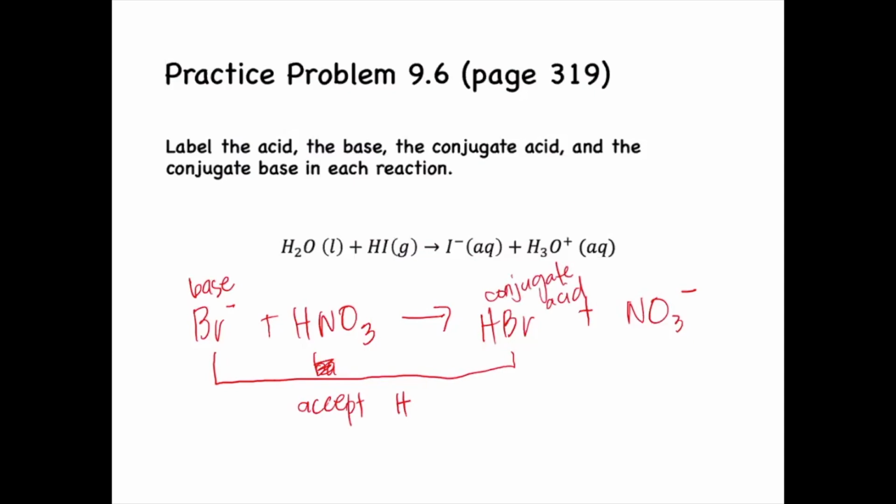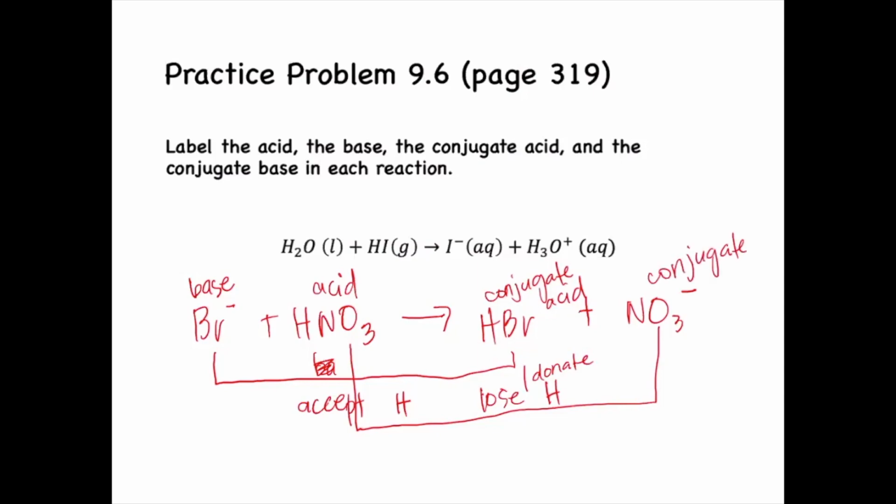Okay? And then for nitric acid, HNO3, compare it sa product side, nag-lose siya ng proton. So therefore, kung nag-lose siya or nag-donate ng proton, yung nitric acid is the acid, and then yung nitrate ion sa product is the conjugate base.